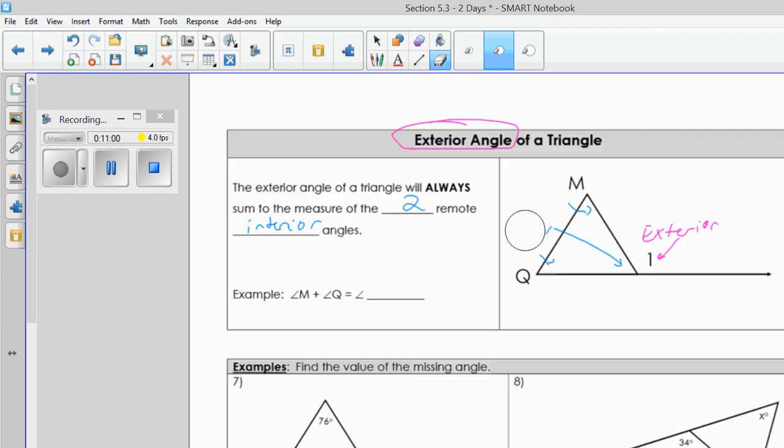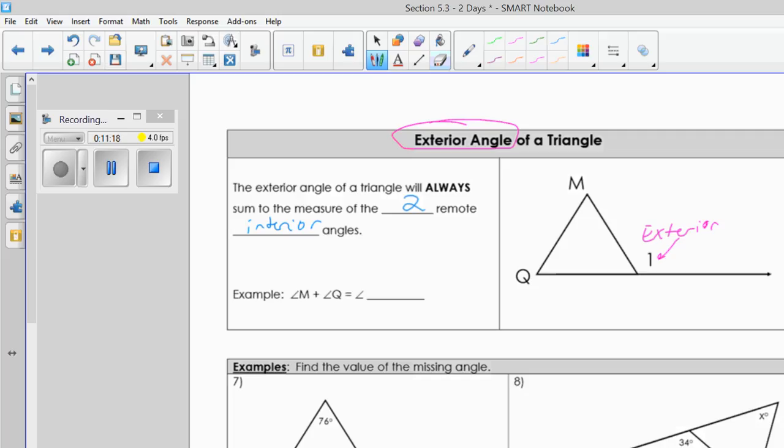All right, I'm going to erase this, and I'm going to leave up the exterior. Now, the exterior angle of a triangle theorem says this: the exterior angle, so angle 1 in this case, will sum or add to the measures of the two remote interior angles.